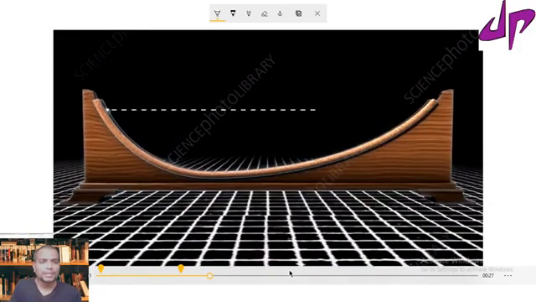Now if you change the angle, here you can see the angle has changed. If you release the ball again, the ball again reaches the same height.